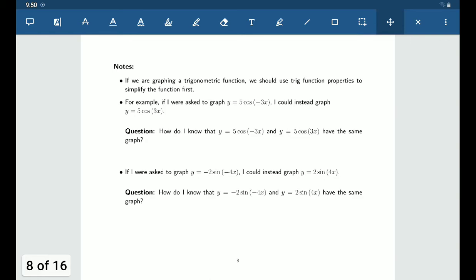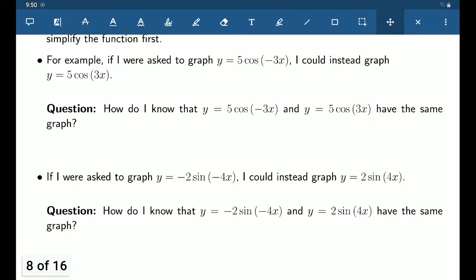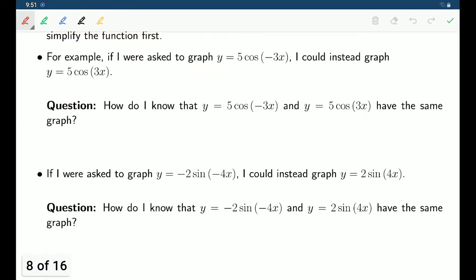Now, I kind of alluded to this in the last problem, where you can use the symmetry of a trig function to do some simplification. So for example, here I say that if I were graphing y equals 5 cos -3x, I could just drop off the negative. And why am I allowed to do that? Why can I get away with that?